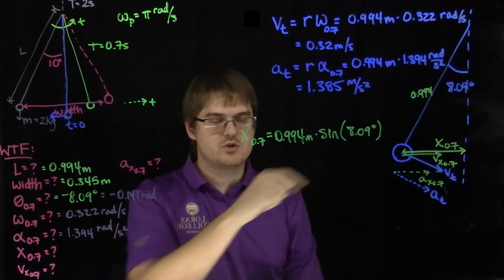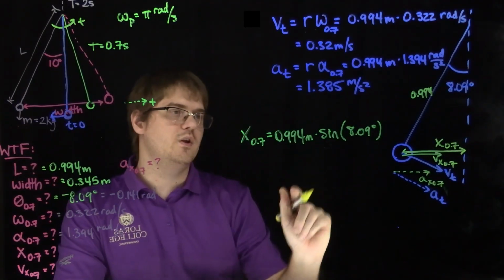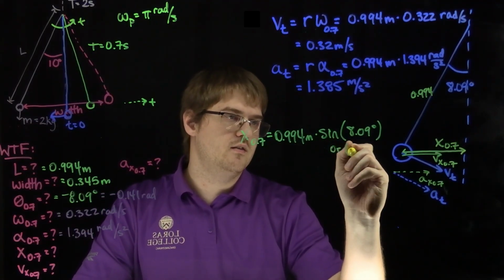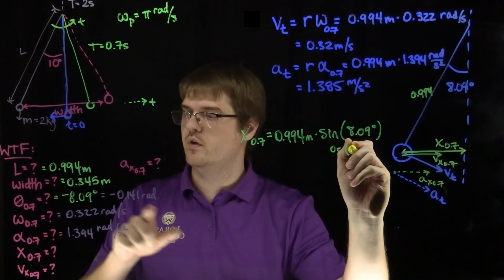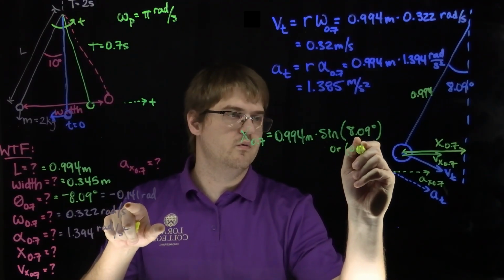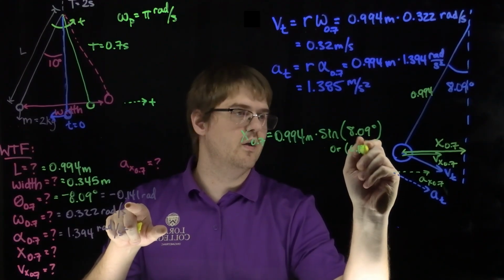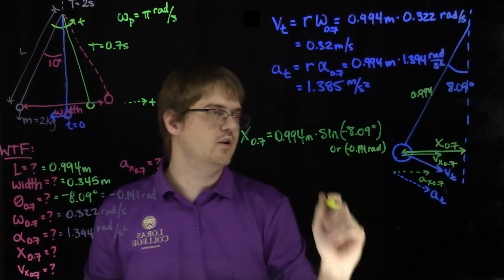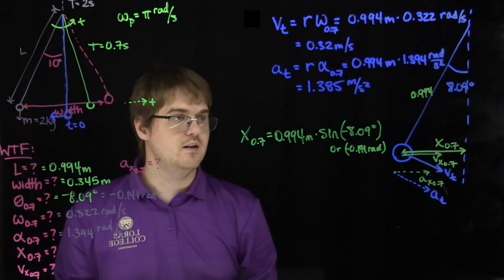We need to make sure our calculator is in degrees if we use this, or we can say this is the sine of 0.141 radians. And I probably should have the negatives in here because our x should end up being negative.